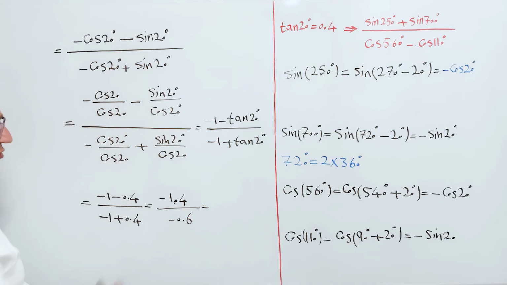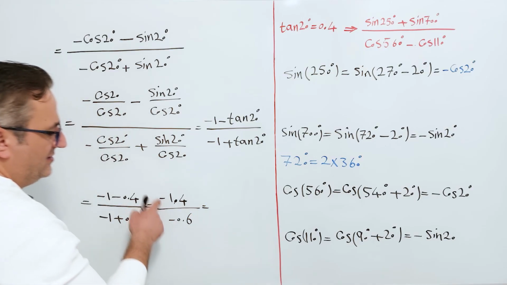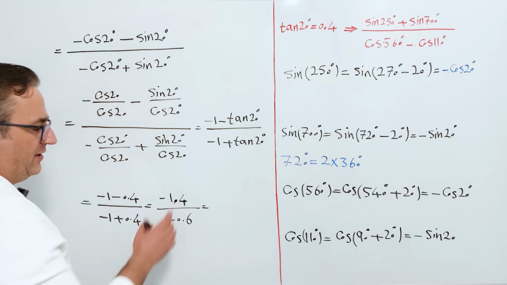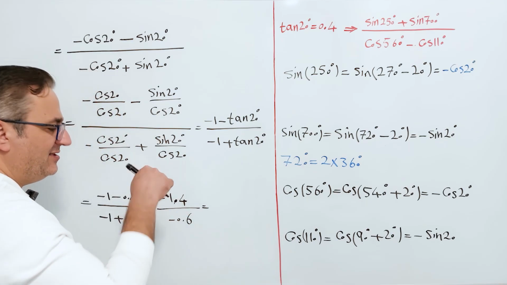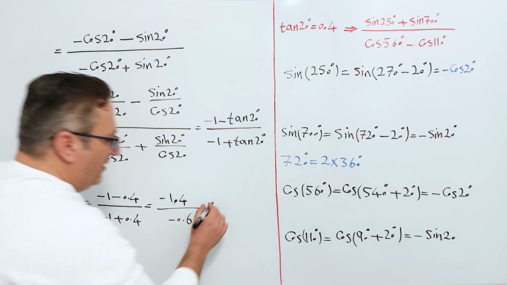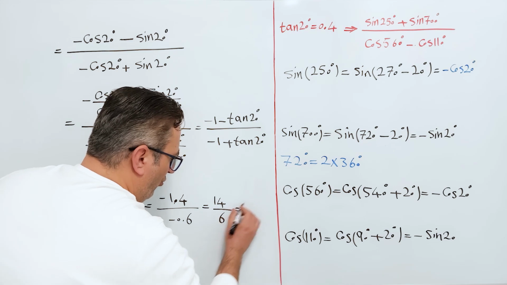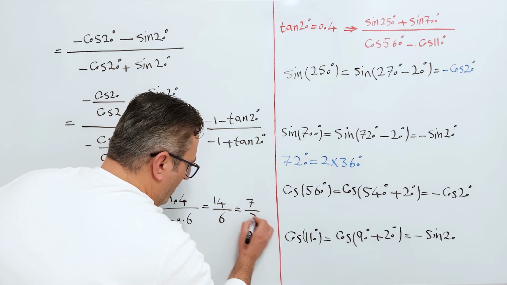Okay, so minus and minus cancel out, and if we multiply the numerator and the denominator by 10, we have 14 divided by 6, or 7/3.